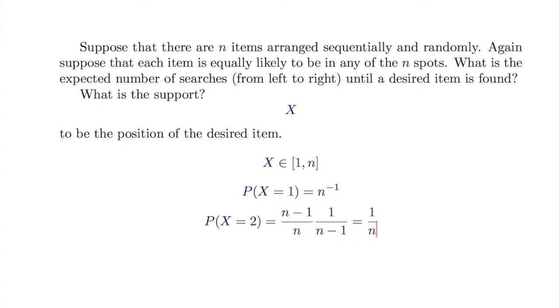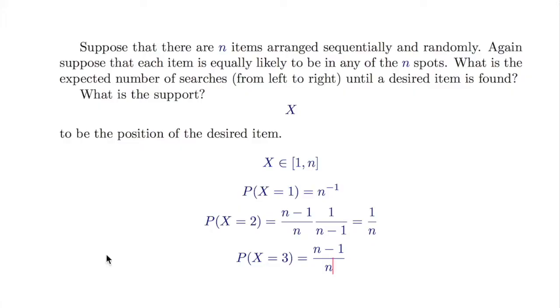And if you keep doing this out, consider x equal to 3. We have n minus 1 choices for the item because we can't choose the desired item, then n minus 2 because we can't choose the desired item and we already chose an item.